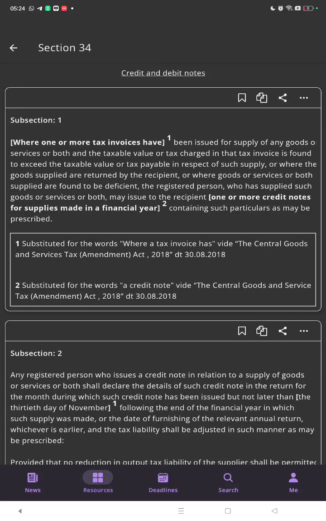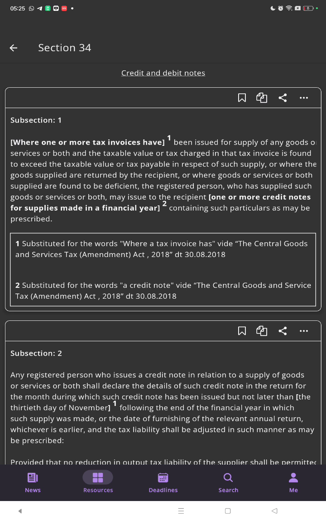Section 34. The credit and debit notes. Subsection 1. Where one or more tax invoices have been issued for the supply of any goods or services or both, and the taxable value or the tax charged in that invoice is found to exceed the taxable value or the tax payable in respect of such supply, or where the goods supplied are returned by the recipients, or where the goods or services or both supplied are found to be deficient, the registered person who has supplied such goods or services or both may issue to the recipients one or more credit notes for the supplies made in the financial year containing such particulars as may be prescribed.